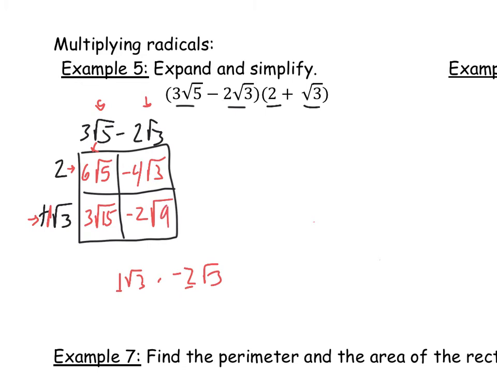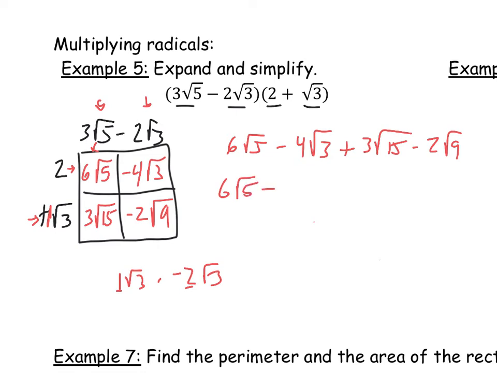Well, I know the square root of 9 is 3, but let's list this out. 6 square roots of 5 minus 4 square roots of 3 plus 3 square roots of 15 and then minus 2 square roots of 9. Now, the square root of 5 is just square root of 5, so that's 6 square roots of 5. 3, I can't break that down anymore.